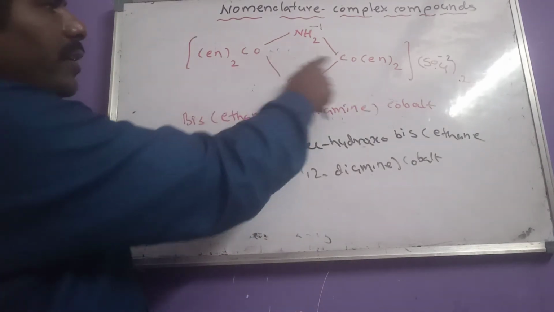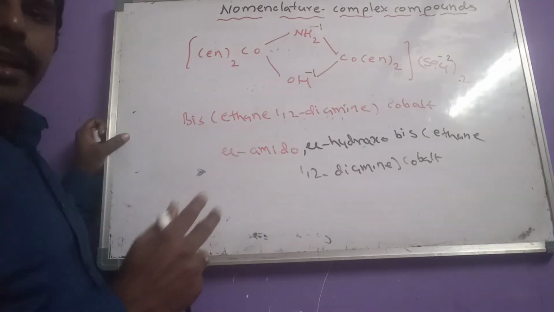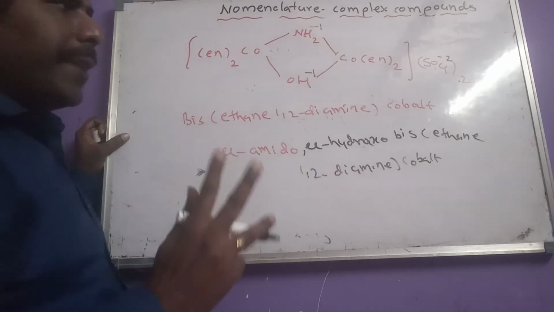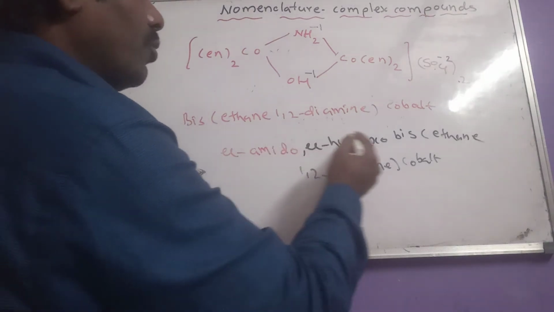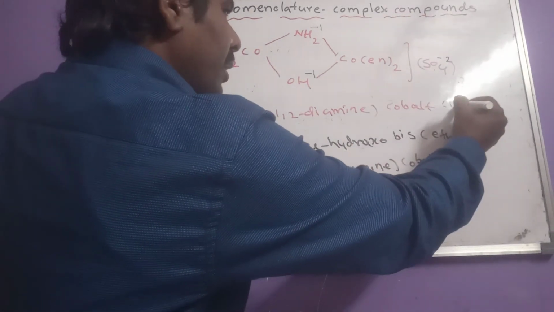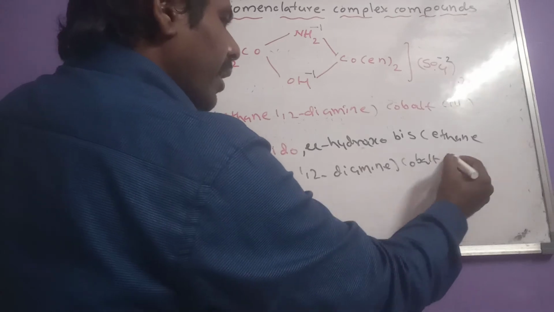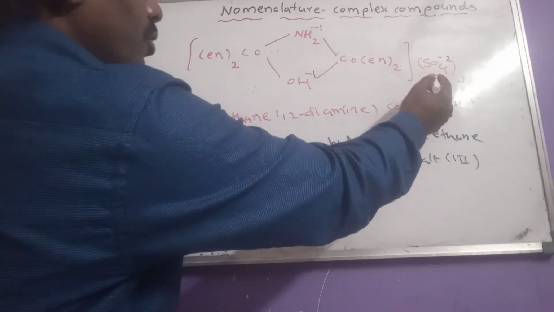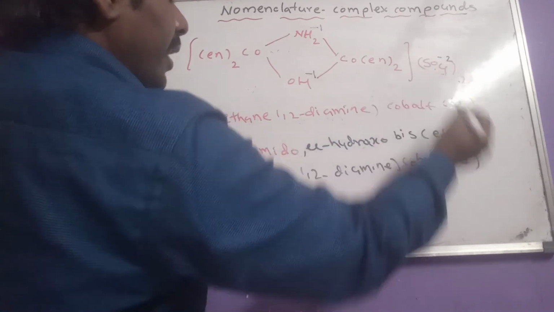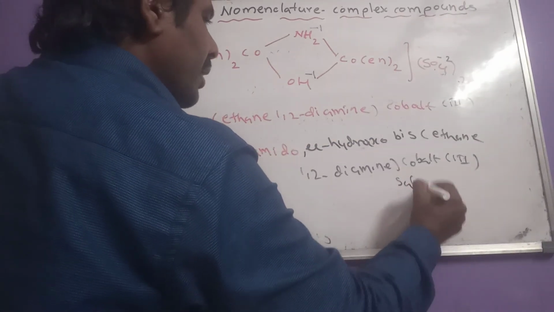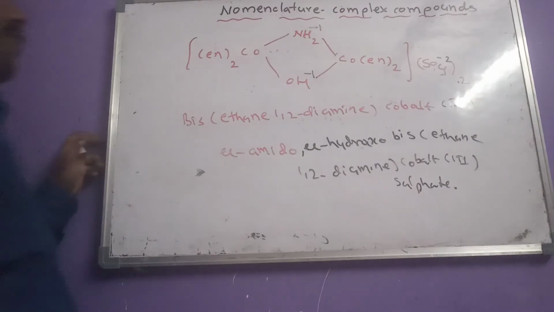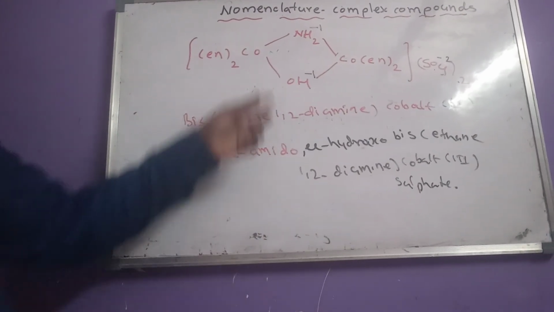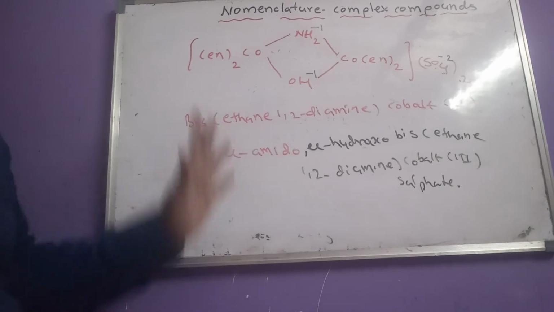But we have to share that +6 between two central atoms. That means each cobalt will get +3. So now we write that oxidation number here, cobalt 3, and here also cobalt 3. And outside the coordination sphere, the ionization sphere is sulfate. So we have to name it as sulfate. So we have to give the nomenclature for bridge complexes like this.